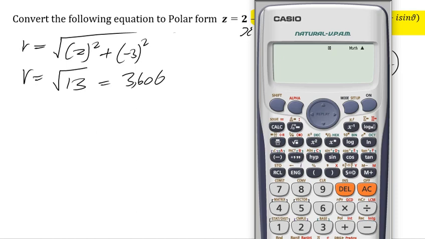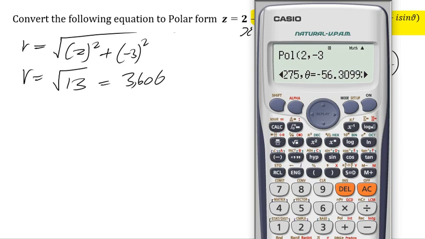Then you can confirm this by saying pole of 2 shift comma minus 3. See if you get the same answer. You see it's a minus. The answer is a minus there, so you should get a minus.